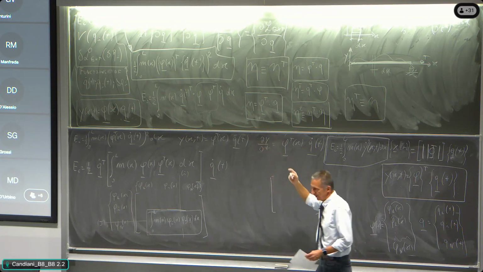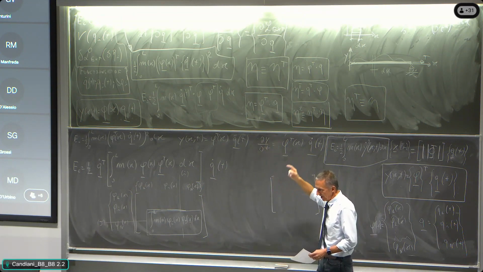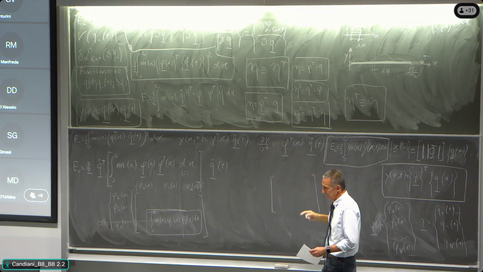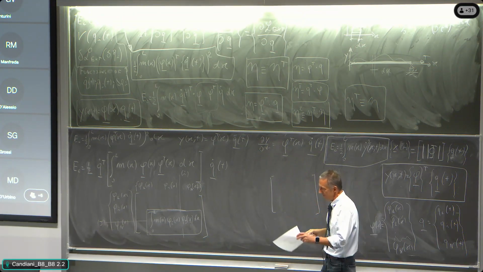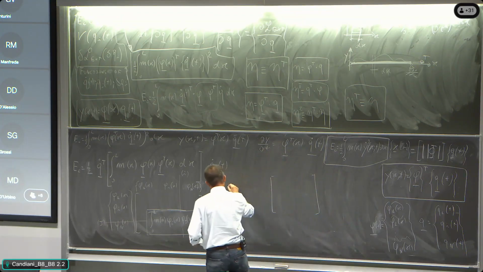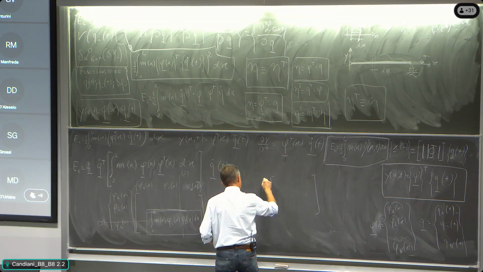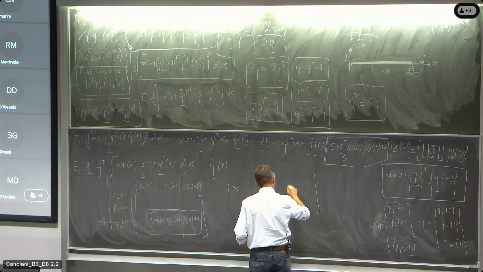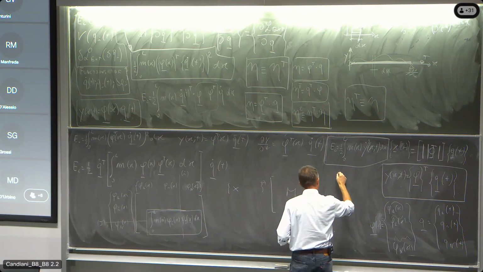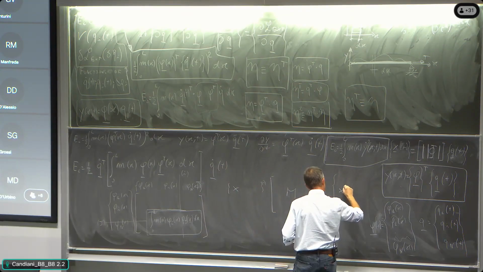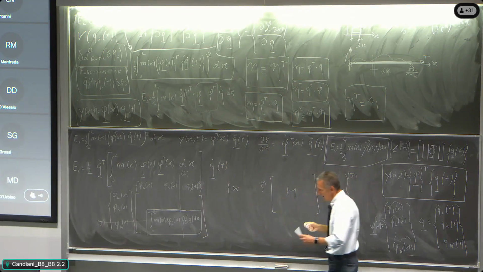Look back to the very first. In the location ij of phi transposed m phi, I said I have the eigenvector xi multiplying this mass matrix, multiplying the eigenvector xj.